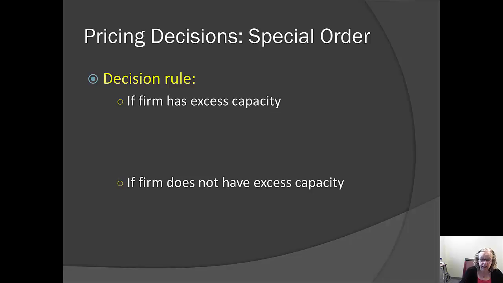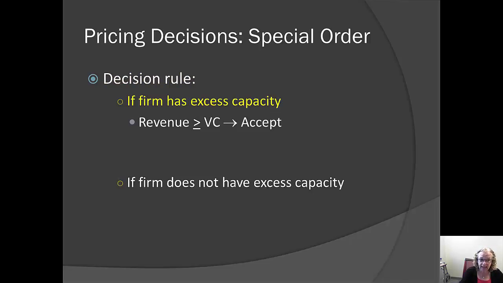Generally speaking, as long as a firm has excess capacity, that means that accepting a special order at a lower price would not affect all of the firm's regular customers.